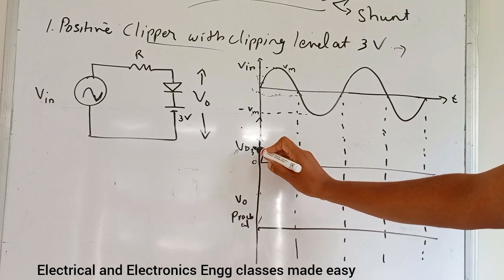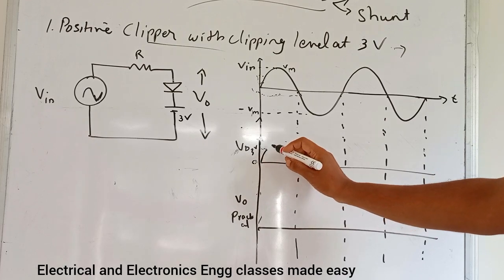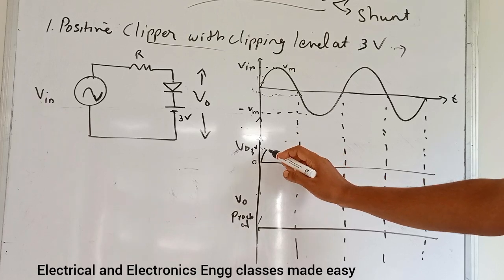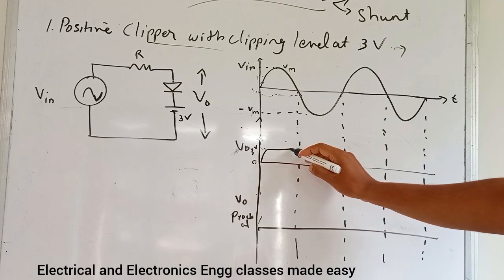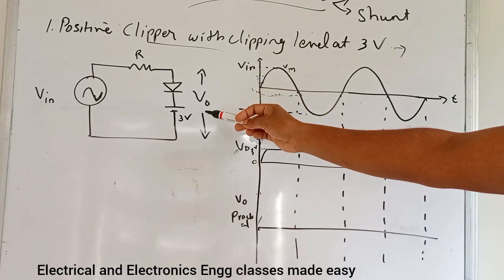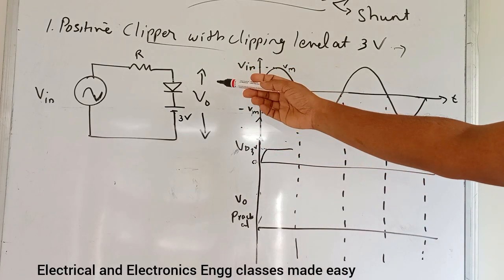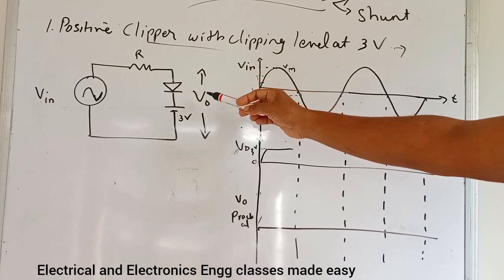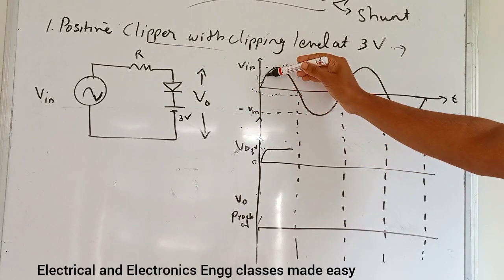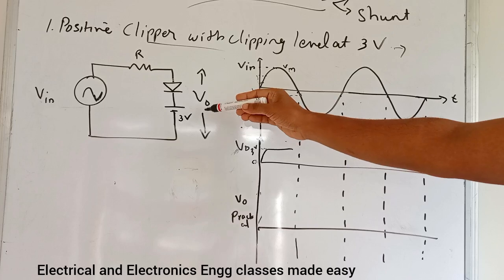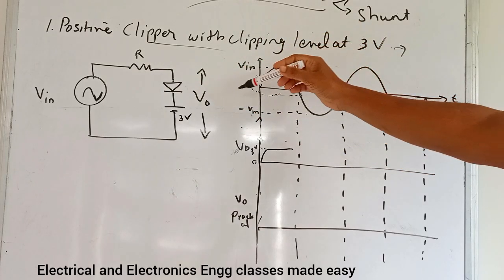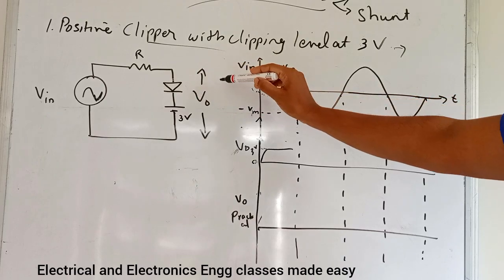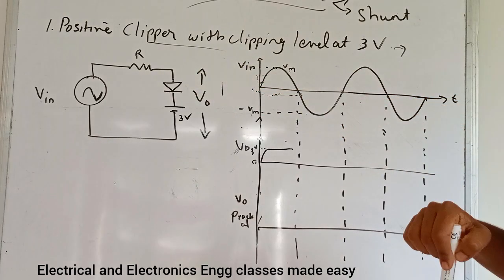So this is 3 volt. So up to this 3 volt we will get the output. So it will be like this. So above this 3 volt, that is when the input is above this 3 volt, this diode will be in forward biased condition. So it will conduct. So it will be a closed switch.